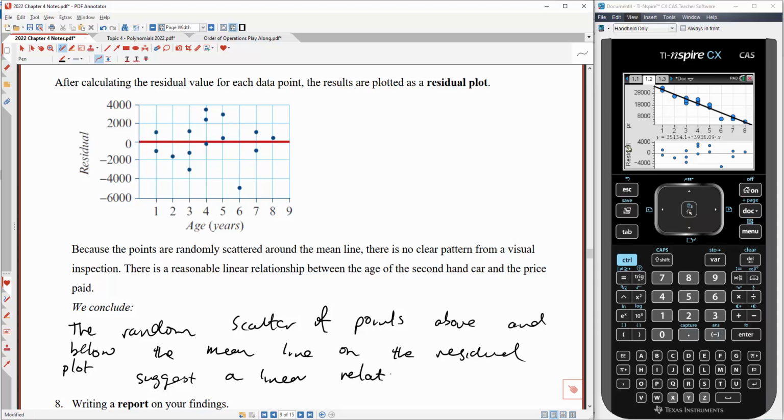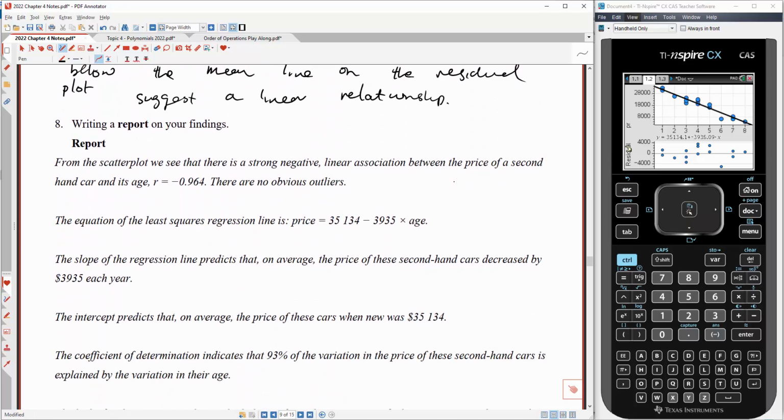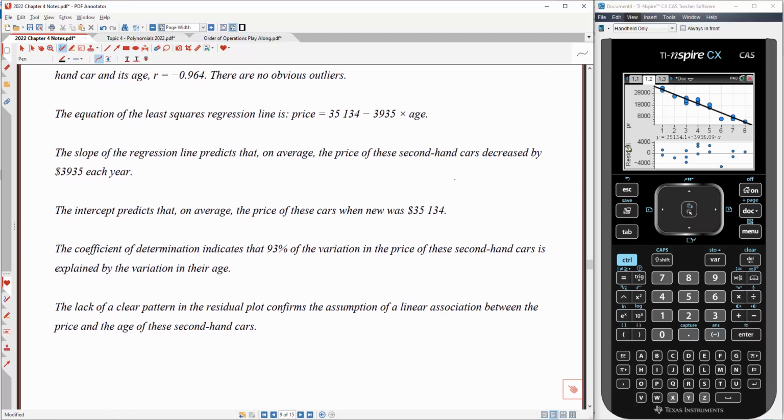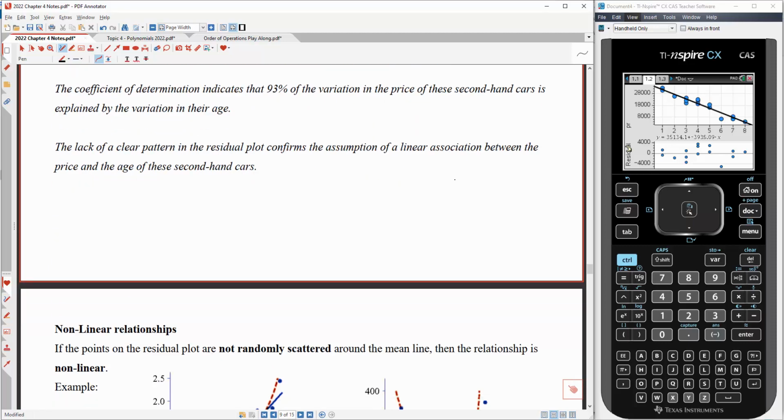So something like that. And then you can summarize all of these things in a report. These are all of these things.